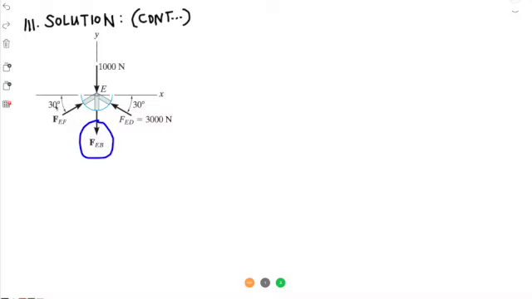This is also another unknown, but what we can do is a summation of forces along X. Okay, let's do a summation of forces in X. So summation of forces in X equals 0. So we only have the X component of FED and the X component of FEF.